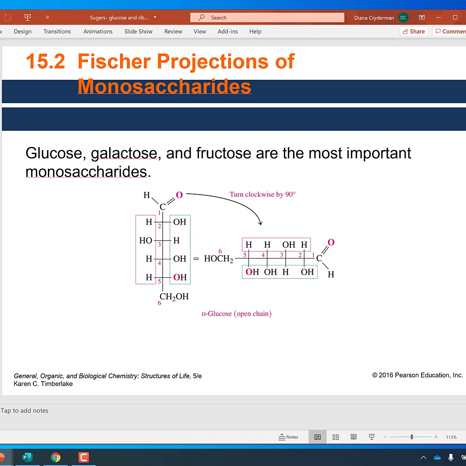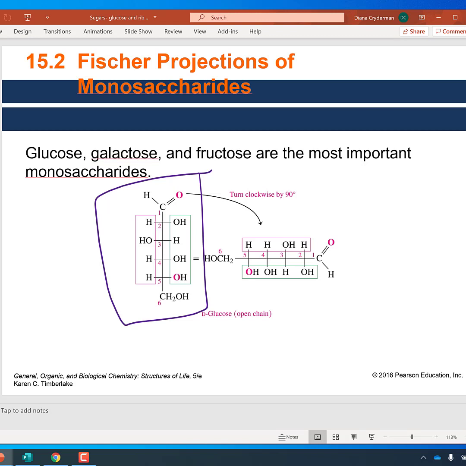And D-glucose is an aldose, so here's the aldehyde. We're always going to, of course, label that as carbon number 1 because of all of the functional groups, the aldehyde ranks the most important compared to all of these alcohols, all of these hydroxyls.